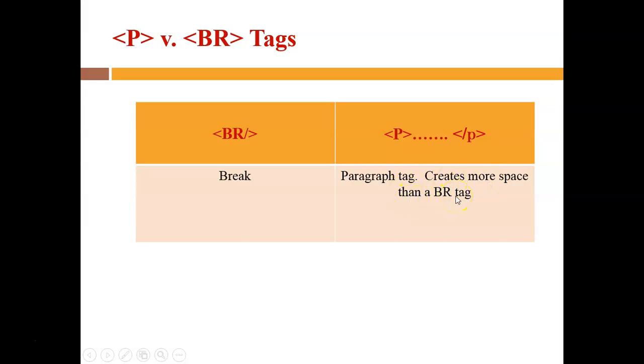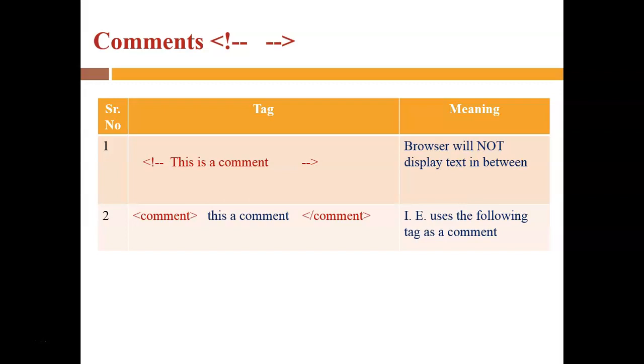Let's see the example. Before the example, the comment. Now if I want to make a comment in my document, here we use a tag, that is, in between the angular brackets, an exclamation mark, hyphen dash dash, then whichever comment we want to write, then again dash dash and the end of the angular bracket.